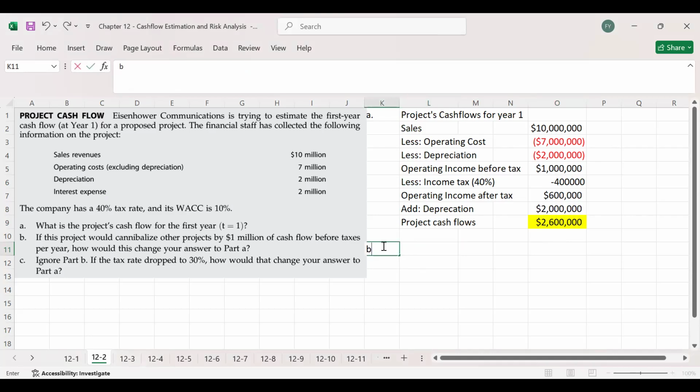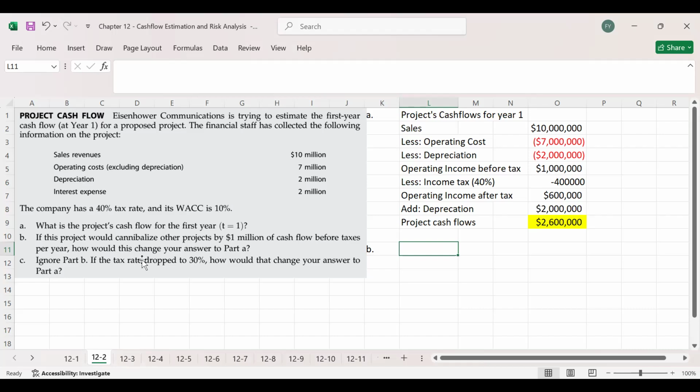Requirement number B is: if this project would cannibalize other projects by $1 million of cash flows before taxes per year, how would this change your answer in part A? In part A, we have calculated project net cash flows or operating cash flows.